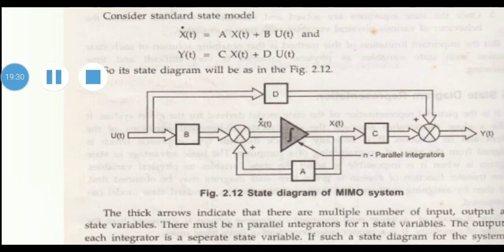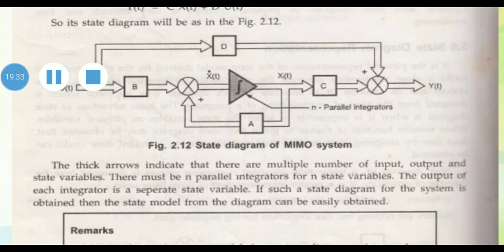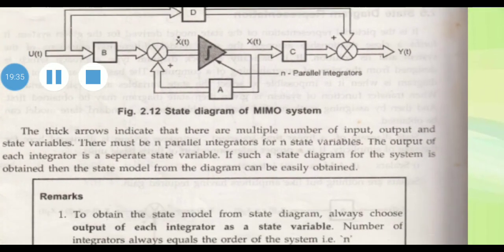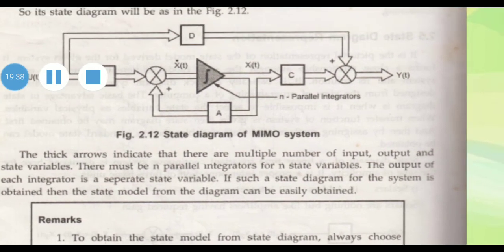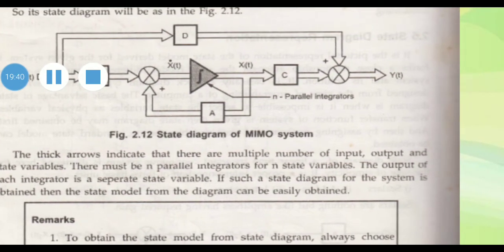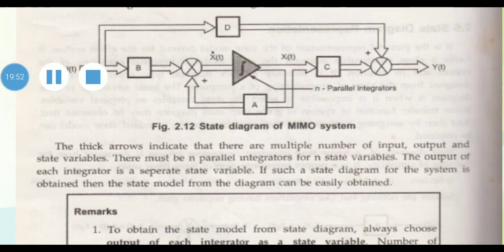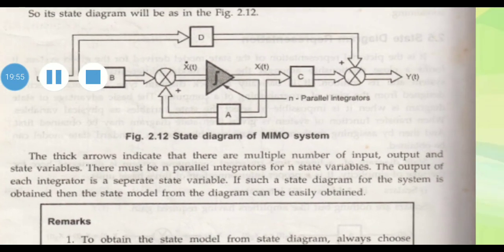Whatever are thick arrows, they indicate that there are multiple inputs, outputs and state variables. There must be n parallel integrators for n state variables. The output of each integrator is a separate state variable.